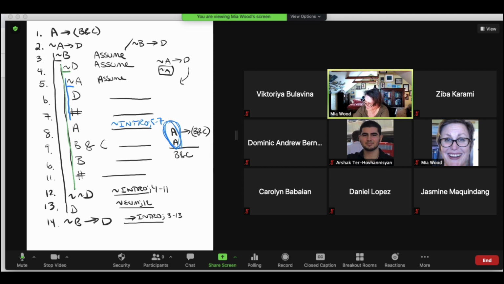Okay. So we assumed it, and then we were able to eliminate the conditional, and that's lines 2 and 5, and then at line 7 the contradiction intro.